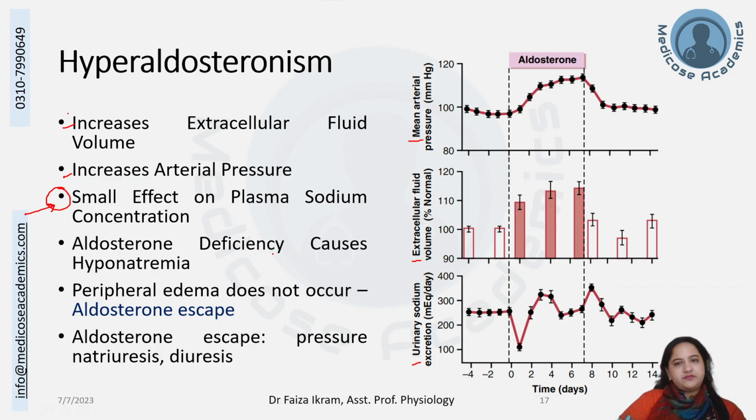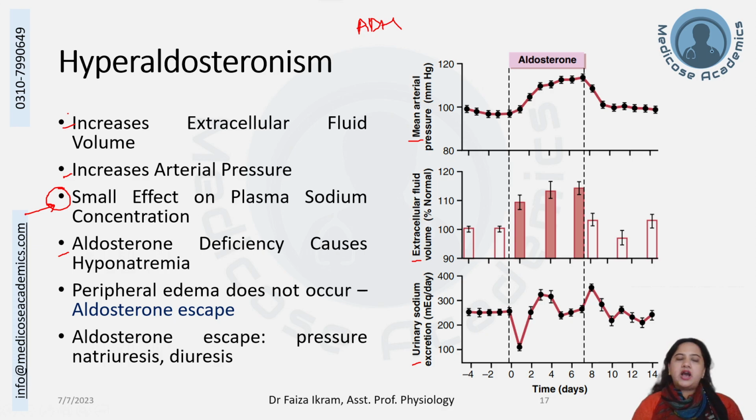Aldosterone deficiency, if it is there, will lead to hyponatremia, because there are other mechanisms which can lead to reabsorption of water, for example, antidiuretic hormone. So the water might still be reabsorbed, but sodium is not being conserved.